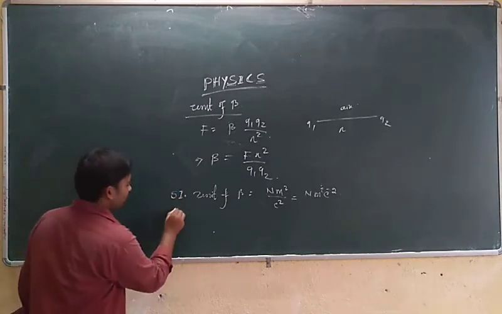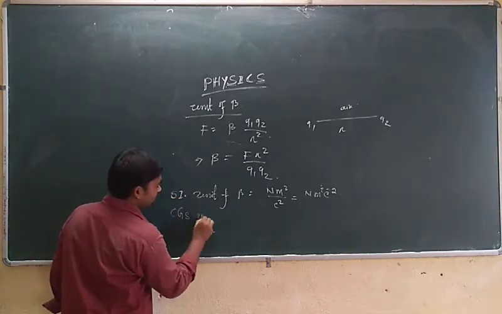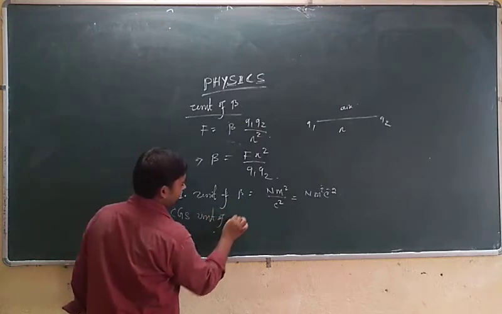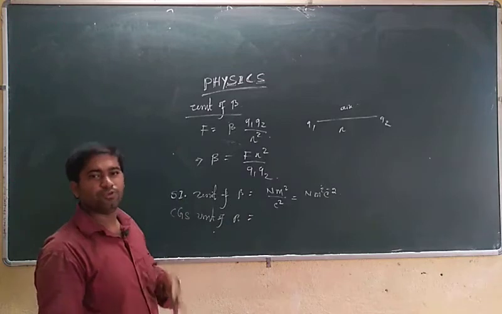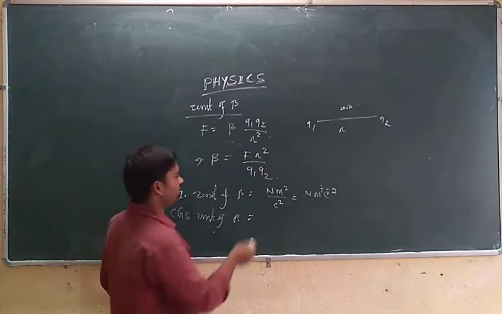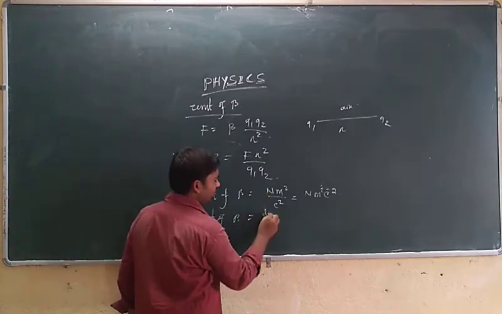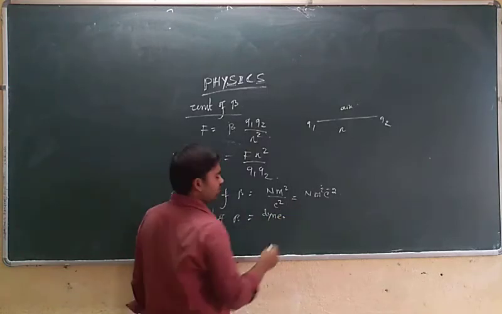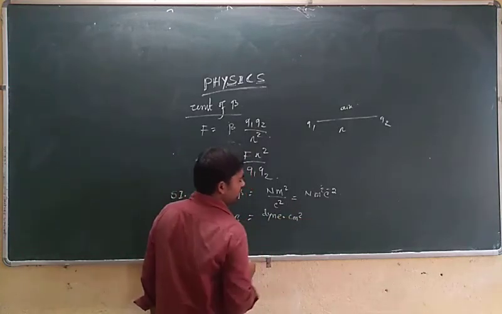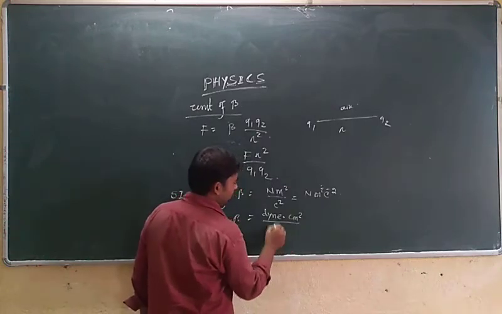If we measure in the CGS system, the CGS unit of beta will be, for force, the Newton converted to dyne, and for distance, centimeter, so dyne centimeter square divided by the unit of charge.